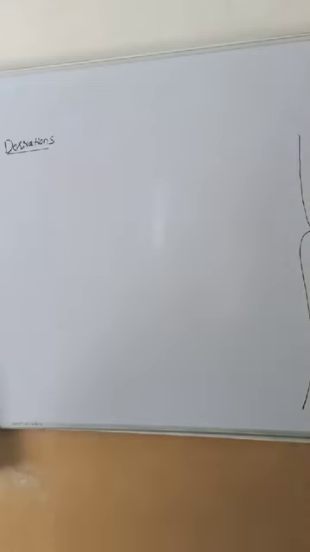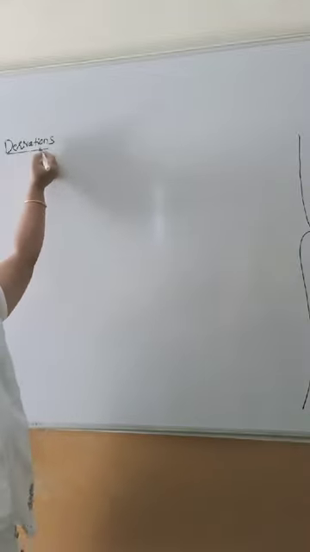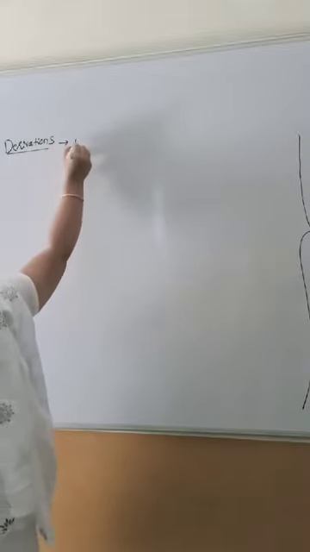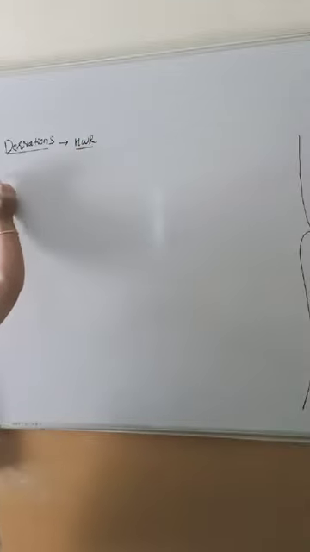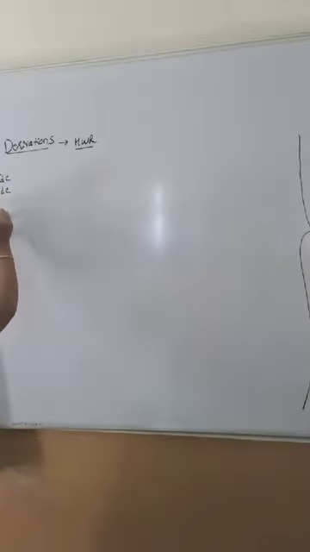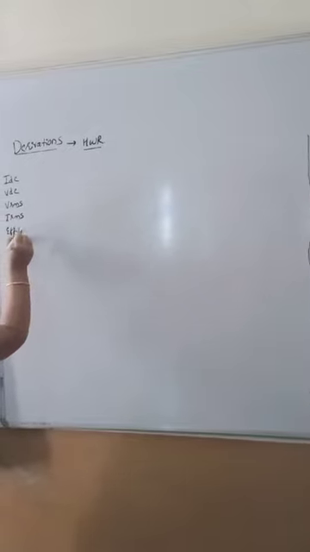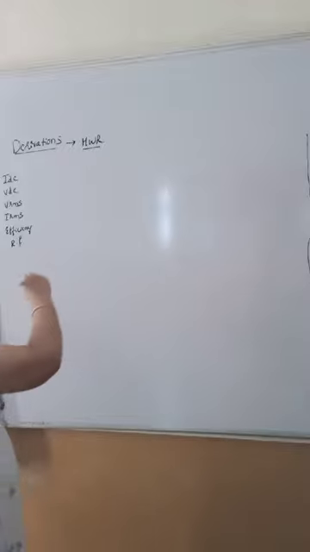First we will go for the derivations for the half wave rectifier. We have to derive the equations for IDC, VDC, VRMS, IRMS, efficiency and the ripple factor of the half wave rectifier.